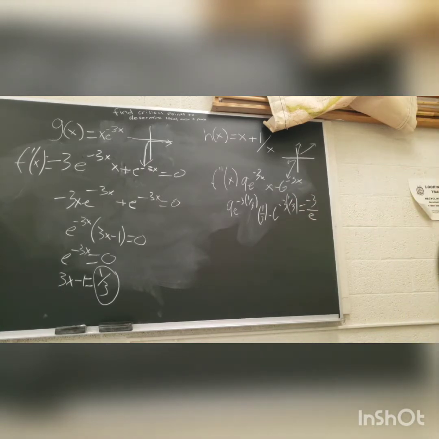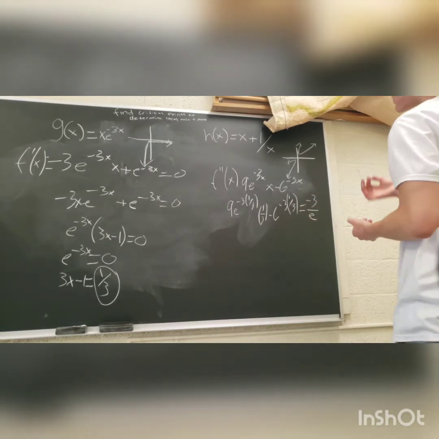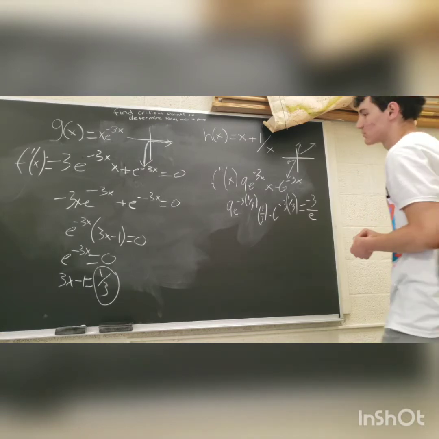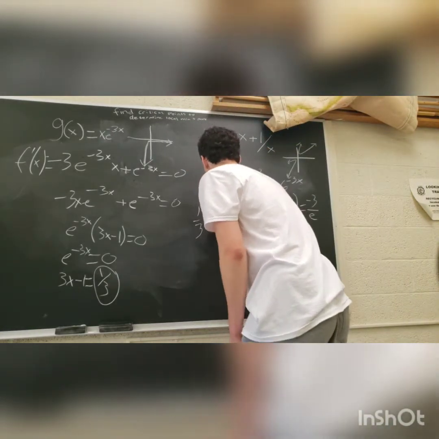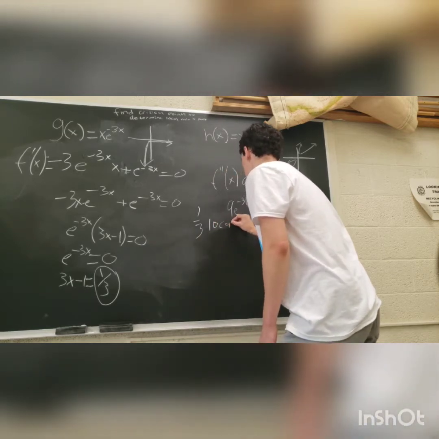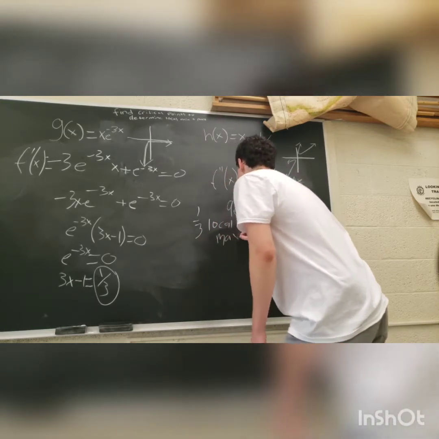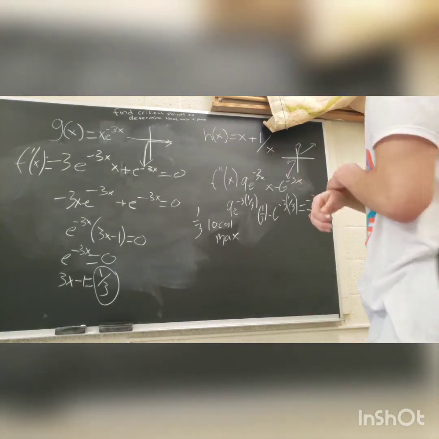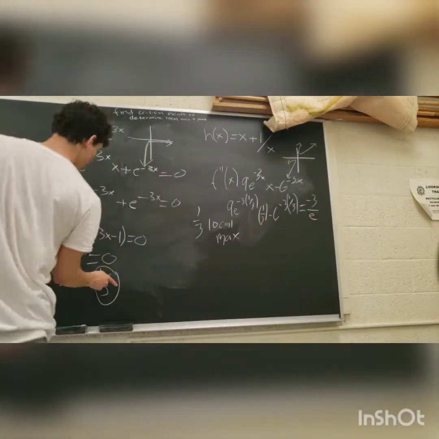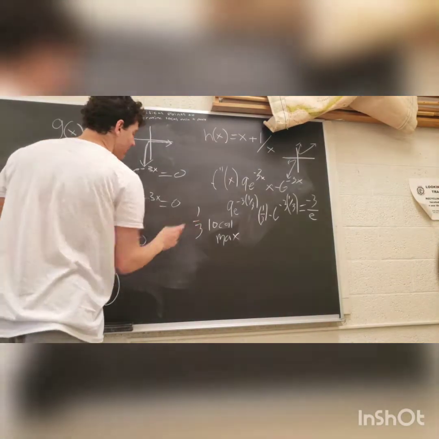If it's positive, then it's a local minimum, and if it's negative, then it's your local maximum. So the 1/3 is going to be a local maximum. I'm just going to say max because I don't want to write it all out. And so that's our first problem. Our critical point is 1/3, and that is our local max.